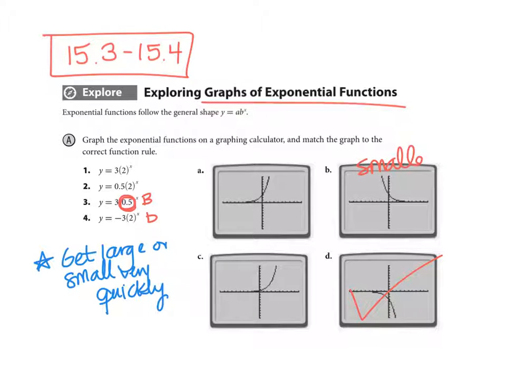So this one is getting smaller because the pattern is division. That's something you all recognize already. And then A and C, we're going to notice the difference of those in a minute, and we'll come back to this when we start class tomorrow.